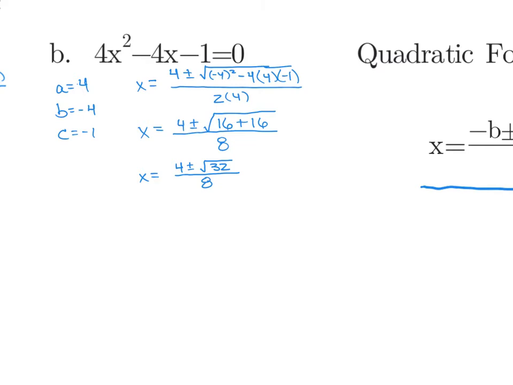And for this one, we do want to simplify our square root. So 32, what is the largest square that goes into 32? The answer is 16. This breaks down to 16 times 2. And if I take the square root of 16, we get 4 plus or minus, square root of 16 is 4. And we leave the 2 inside.